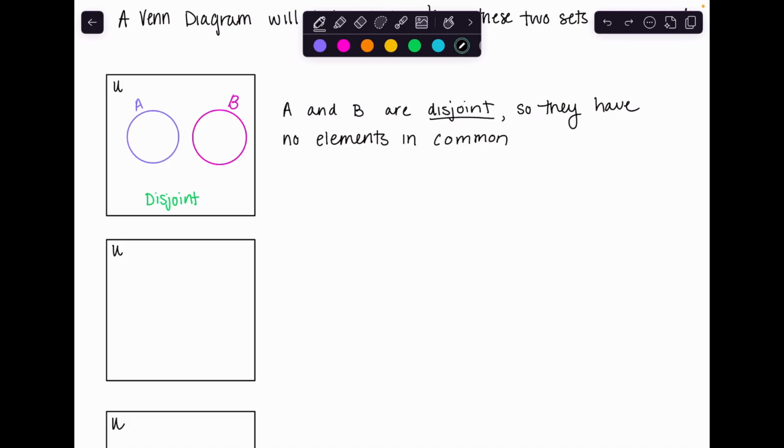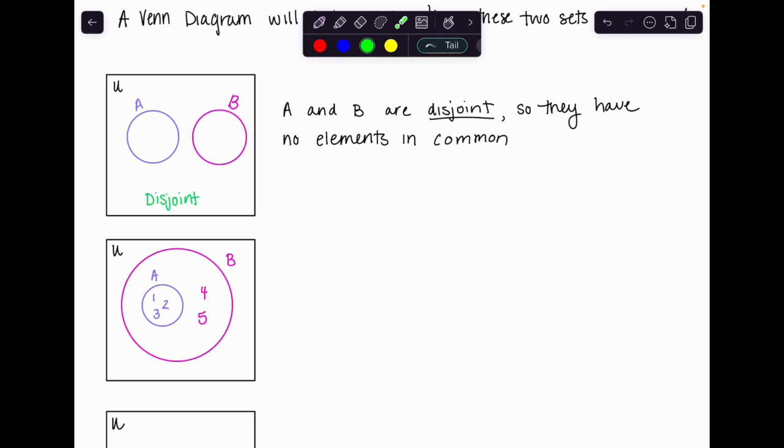Another possibility is maybe my set A, I could draw here, and set B is completely around it. Okay, so maybe I have some numbers in here, like say 1, 2, 3, but then the numbers 4 and 5 go on the outside.